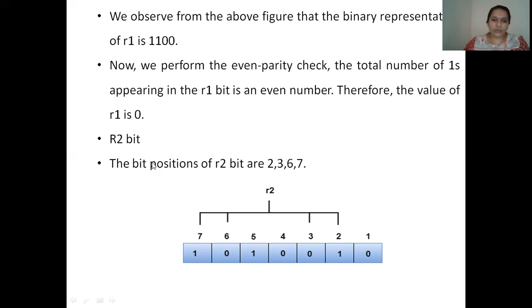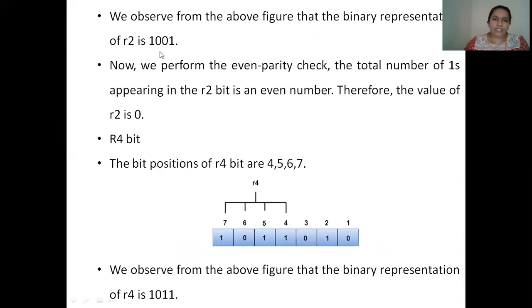Next, it checks for R2 bit. The bit positions for R2 bit are 2, 3, 6, and 7. And the data which is in these bit positions is 1, 0, 0, 1.